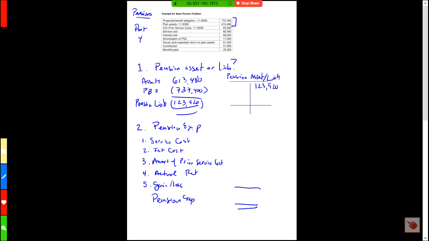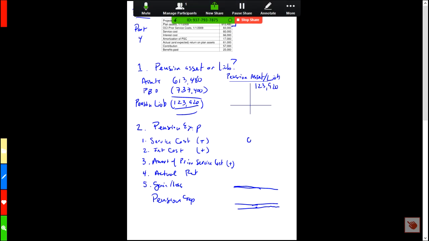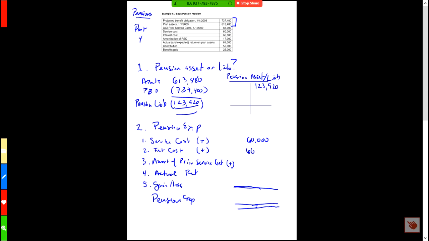So let's go back up to our table. Service cost, positive. Interest cost, positive. Amortization of prior service cost, positive. So this is why I like to do these 3 in a row, because they're positive, positive, positive. And then the other ones could be plus or minus. So service cost is 60,000. Interest cost is 66,000.